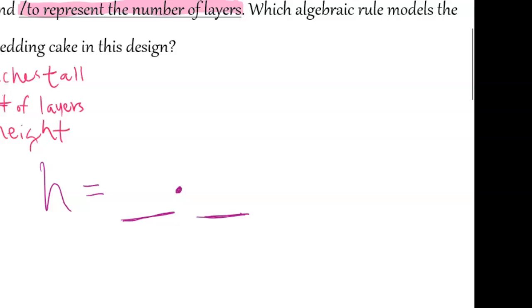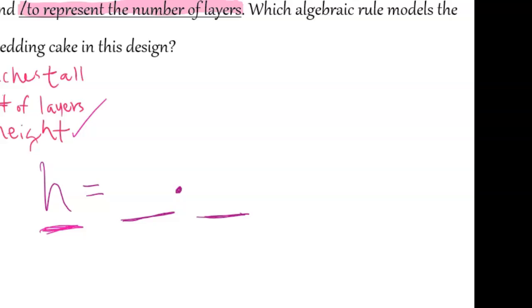So take a second to pause this video and speak with a partner and see what you guys come up with. So now that you guys have taken some time to speak with a partner, what exactly do we have left? So we already had our height, which was here. So the next thing to do is to multiply what's left.